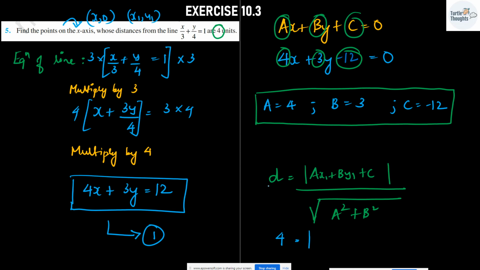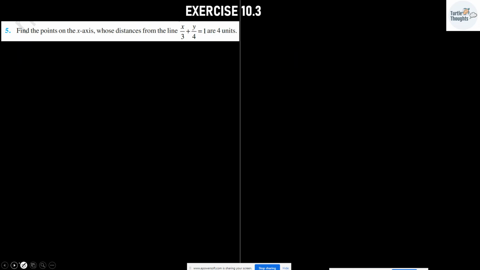If I take the same thing here, I will be getting 4 multiplied with x, since x1 is x itself, plus 3 multiplied with y1, where y1 is 0, minus 12, whole divided by root of a square plus b square. So a is 4, so 4 square plus 3 square.